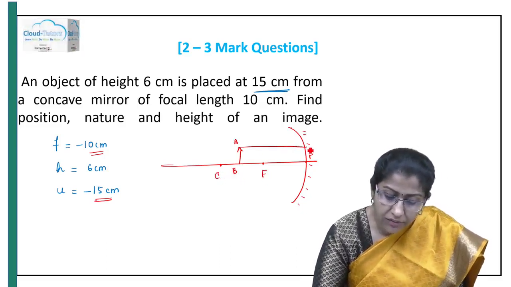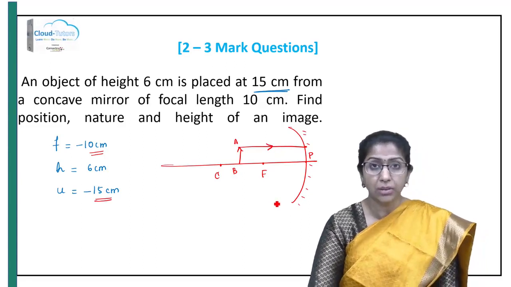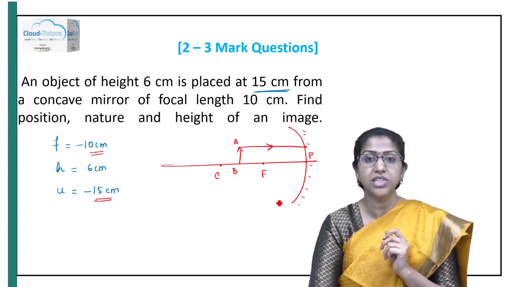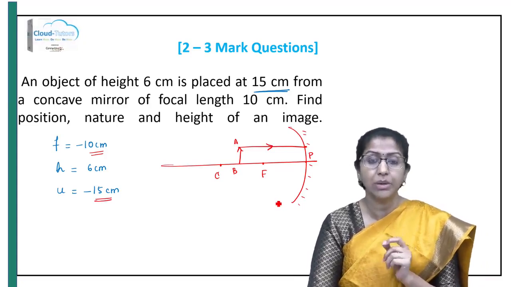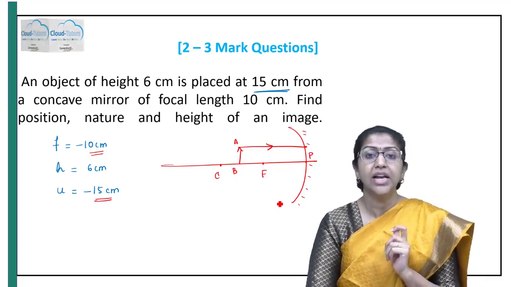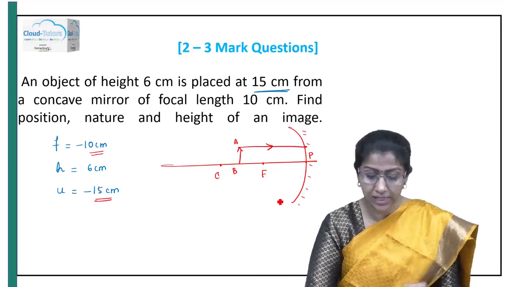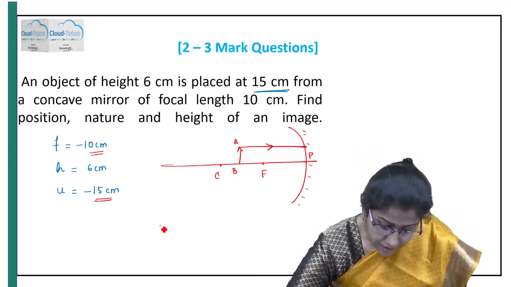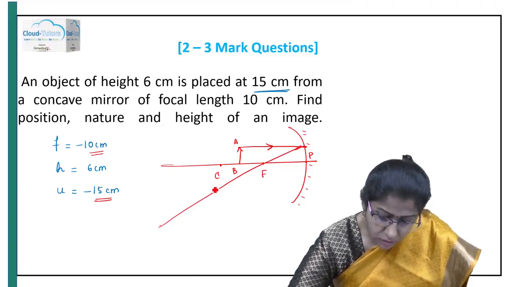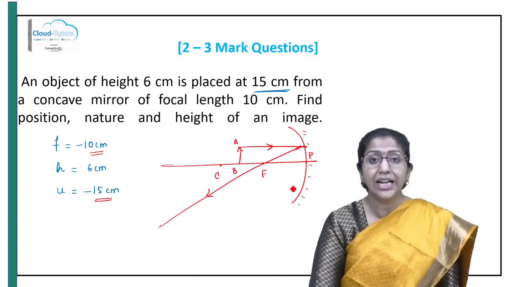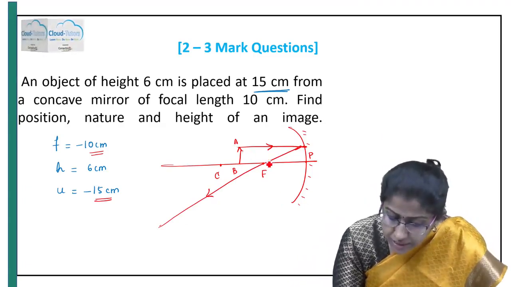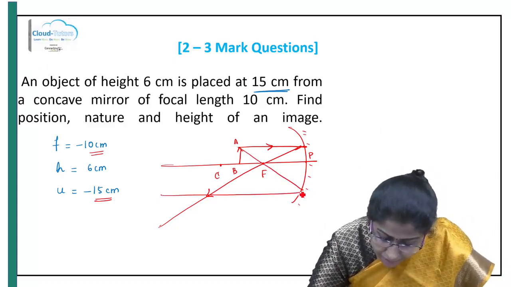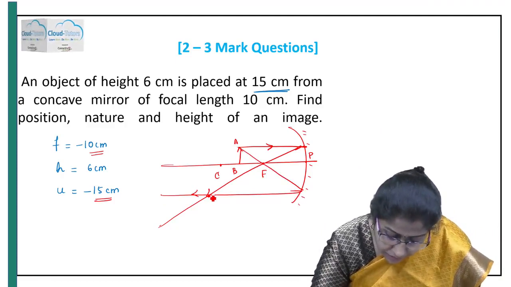Let's take one ray of convenience which is parallel to the principal axis, and we now know that when the object is placed between F and C, the image is always formed beyond C. One ray that is parallel to the principal axis always passes through the principal focus, and another ray passing through the principal focus is always parallel to the principal axis after reflection.